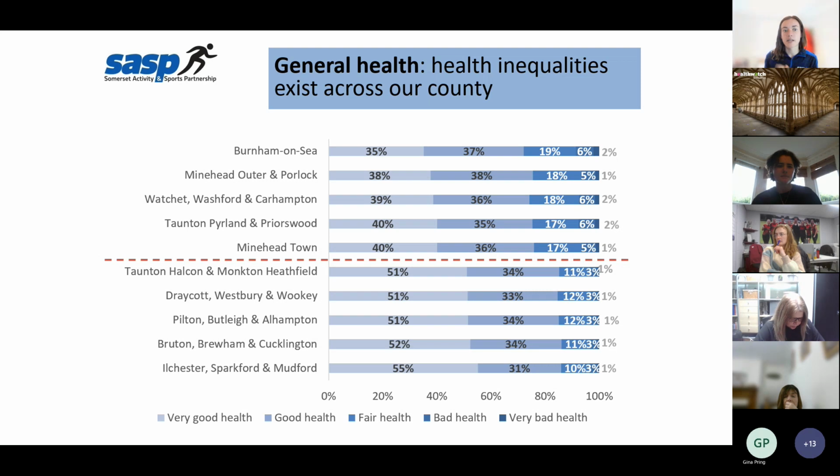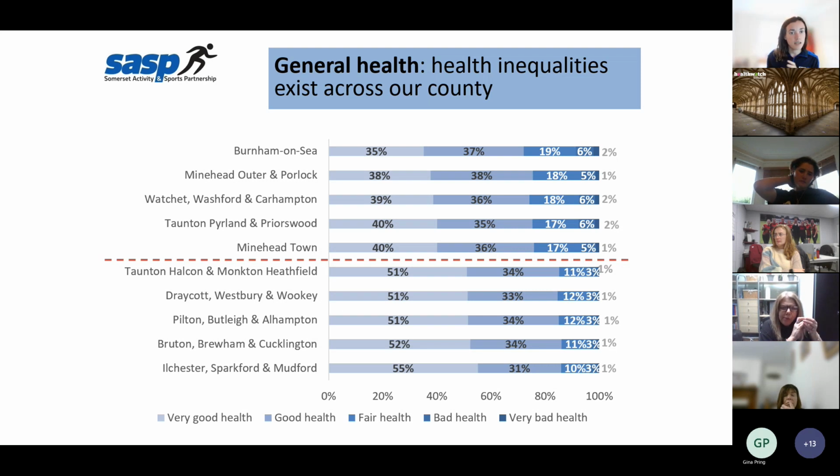Minehead, Watchet, an area of Taunton, and another area of Minehead were all in the bottom 5 that reported very good health. Whereas those areas that had the highest reporting of very good health had over 50%. Ilchester, Sparkford and Mudford had up to 55% of residents saying that they had very good health.